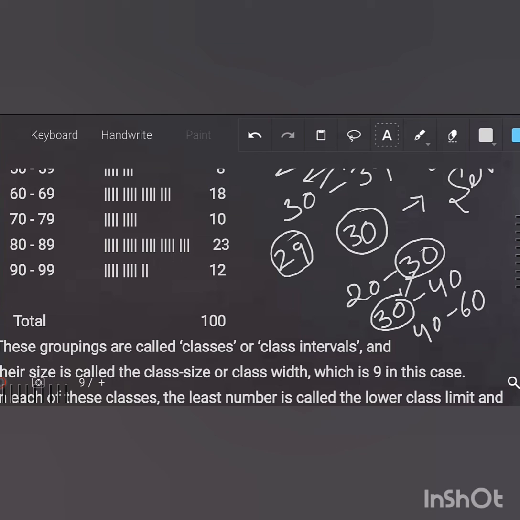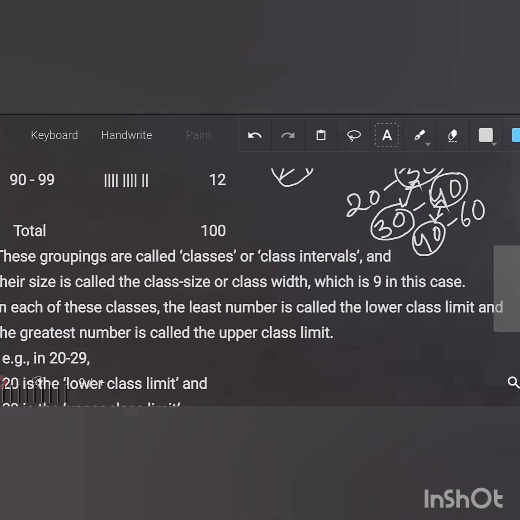When these two are equal, in every case you can see 40 and 40, as the upper limit of the previous class is equal to the lower limit of the successive class, then that kind of series is called a continuous series. They are in a continuous way, 20 to 30, 30 to 40, 40 to 60, like this.